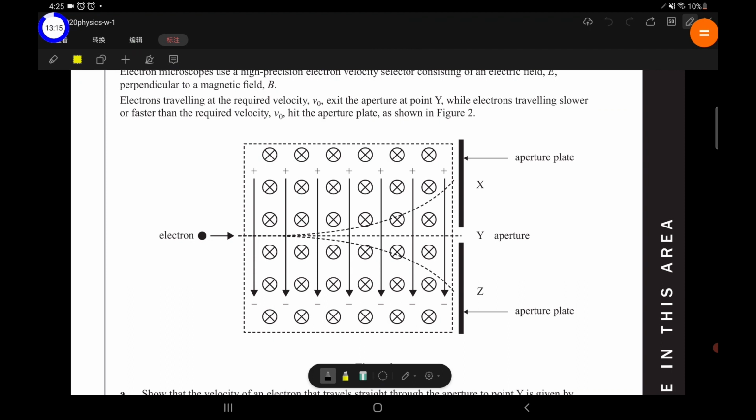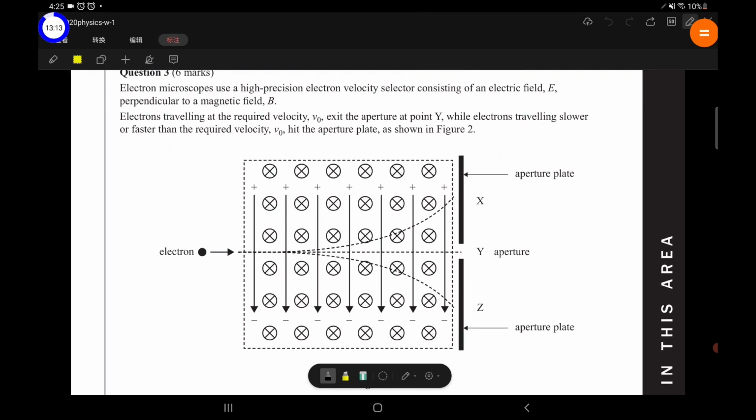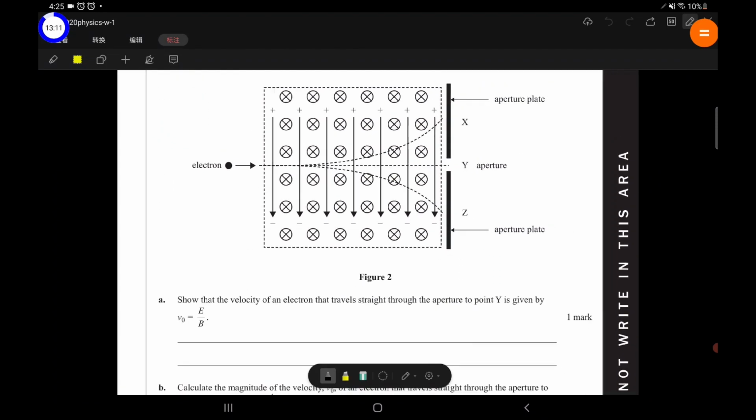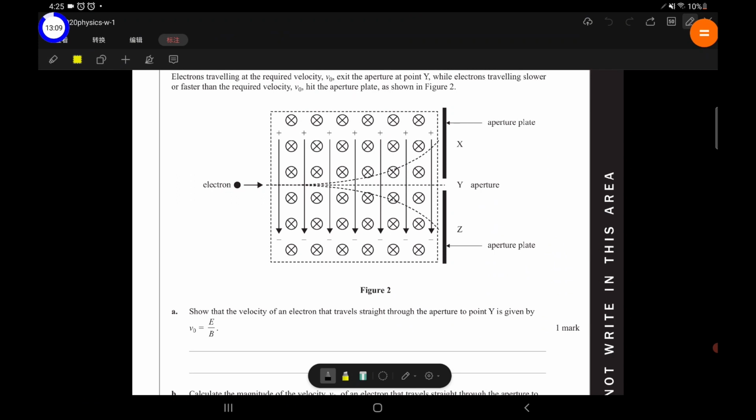let's have a look. Okay, so the diagram seems a bit complicated. What is the first question asking you? Show that the velocity of an electron that travels through the aperture at point Y is given by this much. Okay, I can see from that equation that we have both the electric field and the magnetic fields influencing our velocity, right? So we're trying to show that the velocity is given by this equation.